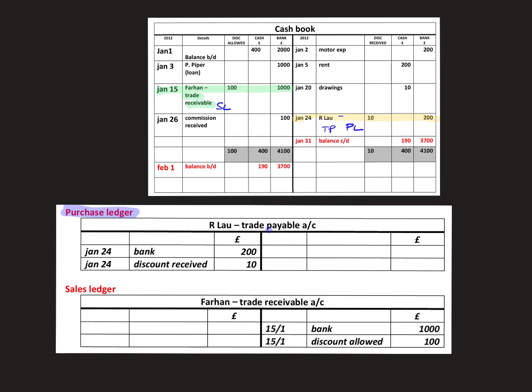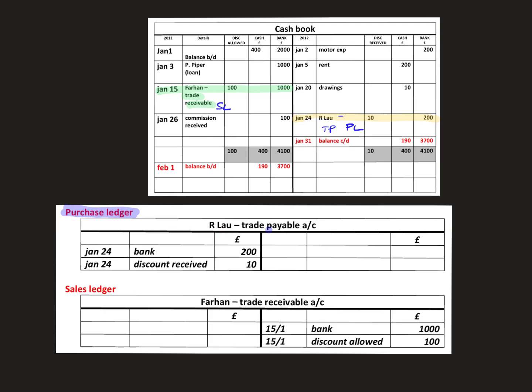The discount received account in the general ledger would have part of the total made up of this £10. And then in the individual trade payable account or supplier account, you will see the amount itemized: January 24th, discount received £10, because that is the amount of discount we received from this specific supplier.